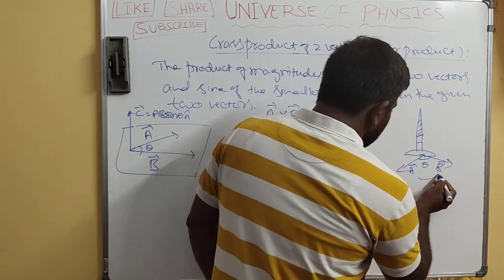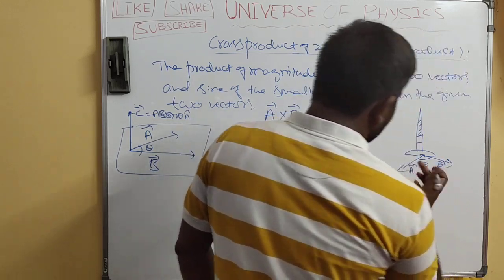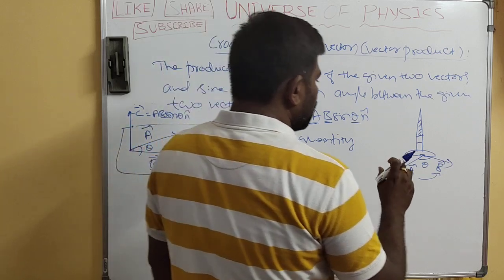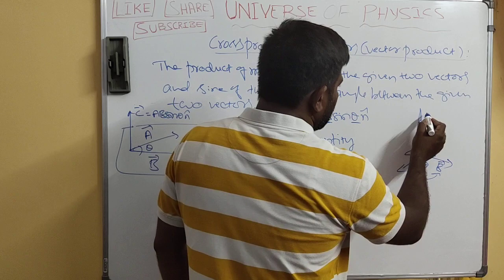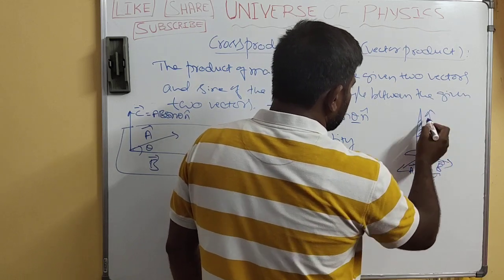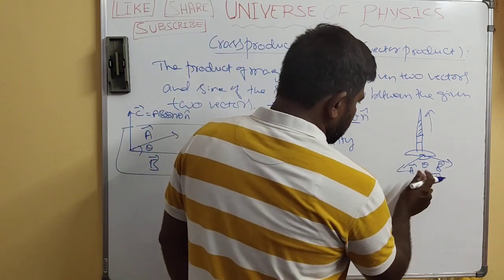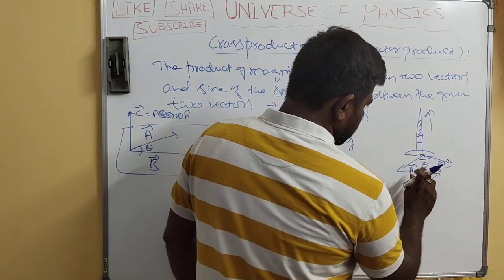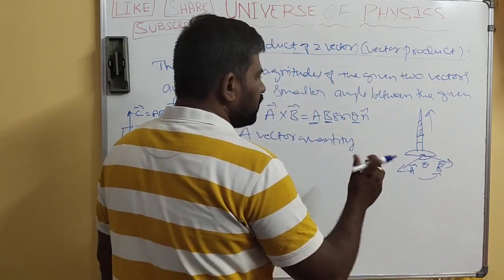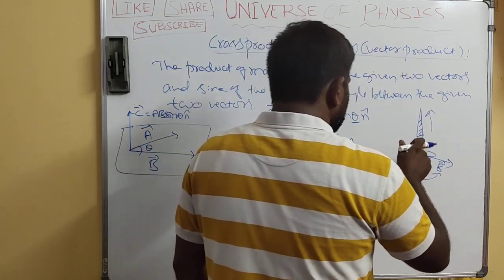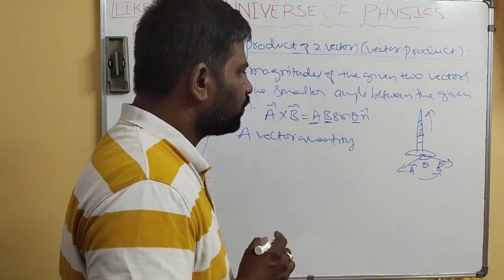If you rotate this screw in the clockwise or anti-clockwise direction, then the tip of the screw indicates the direction of the new vector quantity.